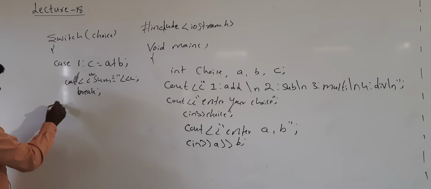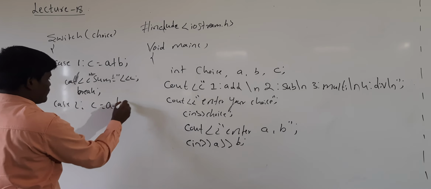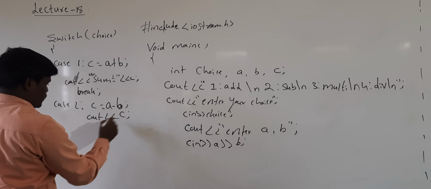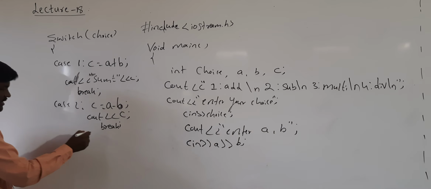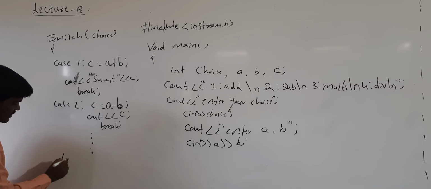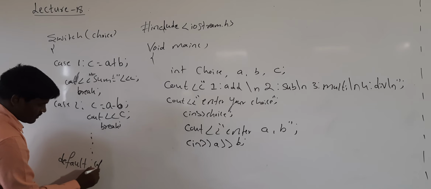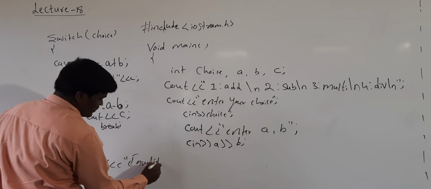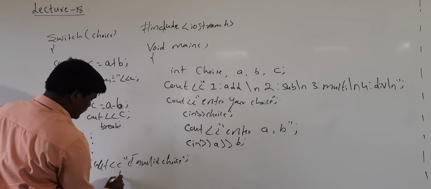Okay, next case 2, C is equal to A minus B. Again cout, just I have to write the output, then break. In the same way we have to write case 3, case 4. After that default, cout invalid choice, break.